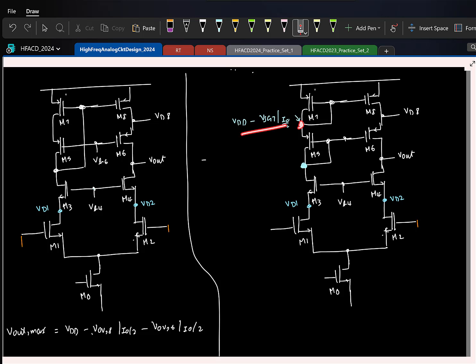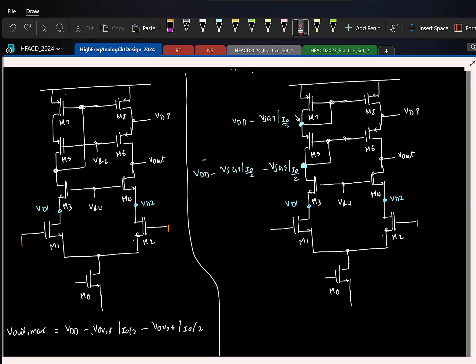The source voltage is known minus one more source to gate drop, which is VSG7 at a current I0 by 2, and then minus VSG of which transistor? VSG5 at a current I0 by 2. Is that okay? This is the same as the source voltage of M5. I am looking at the gate voltage of M5, so this is one source to gate smaller than that. So what can you say about this voltage operating point? That should be the same as this guy.